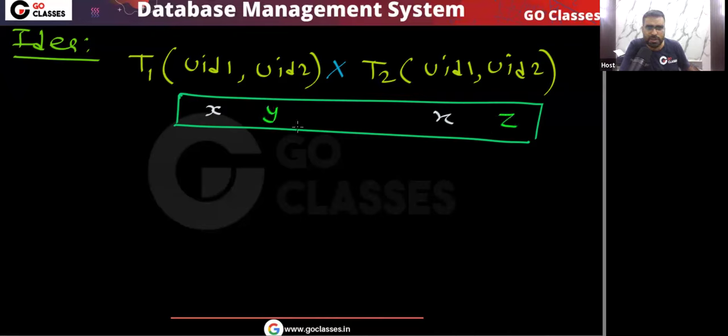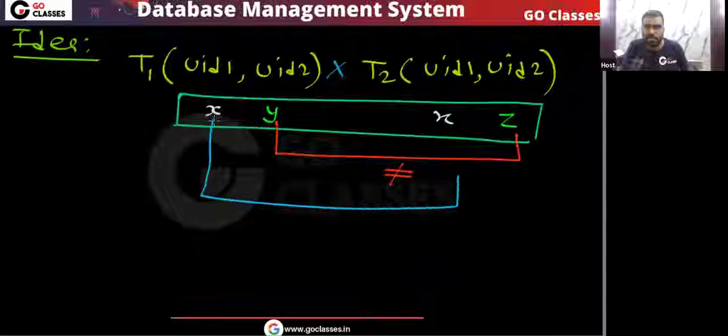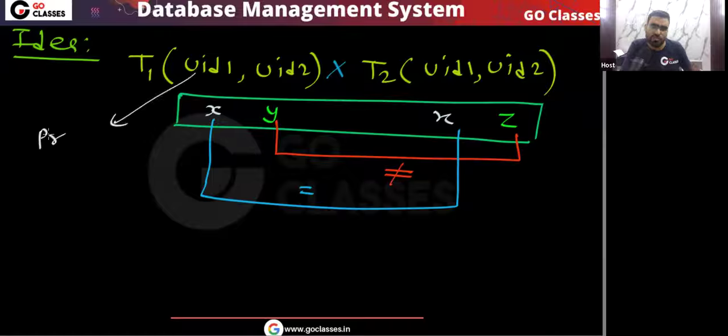So very simple point, these two must be different, and these two must be same. Yes or no? I can say this x and this x must be same. And finally, what do we want to project? This is what I want to project.